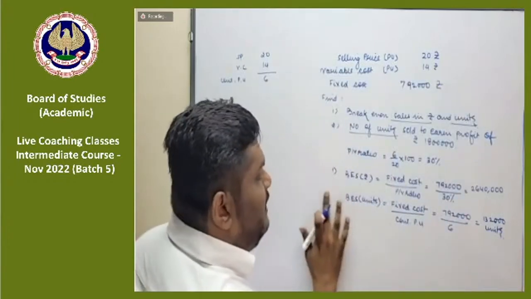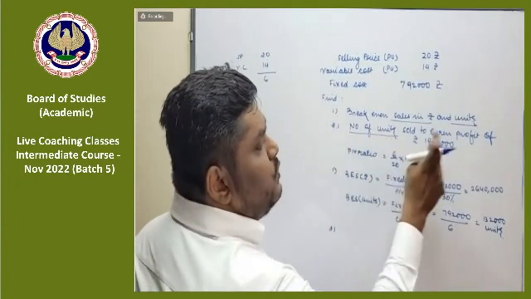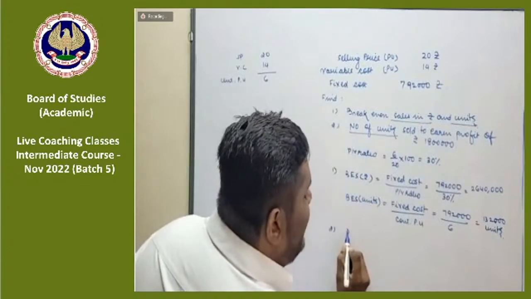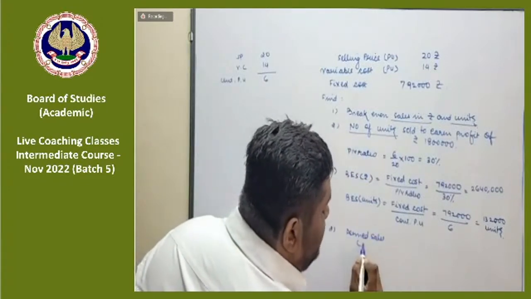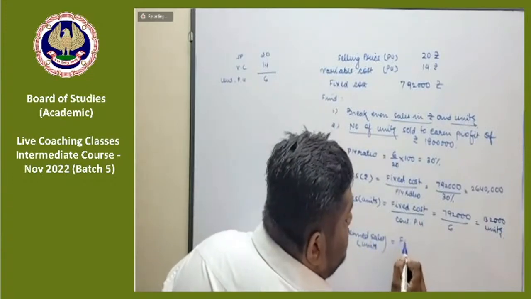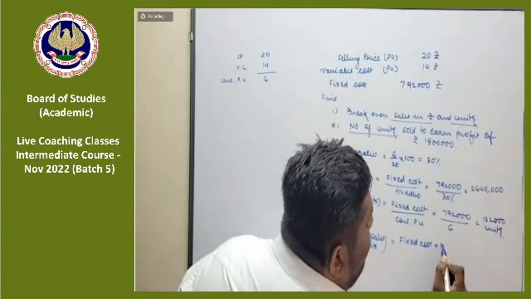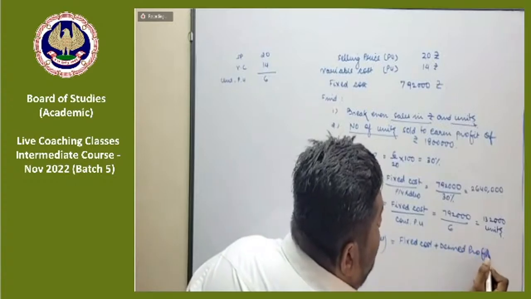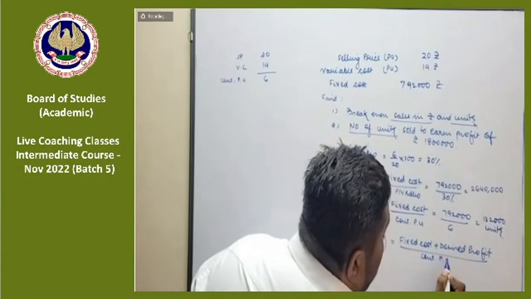Now the third part, number of units sold to earn a profit of 18 lakh. So desired sales, in units only, the examiner is asking. So fixed cost plus desired profit divided by contribution per unit.